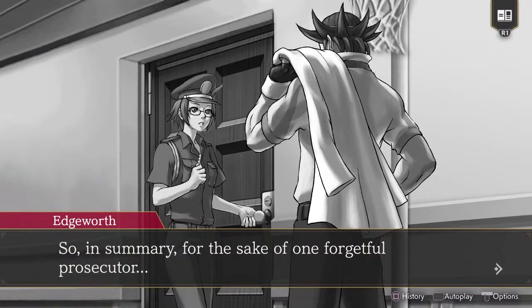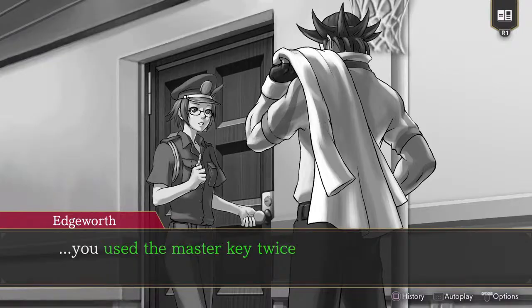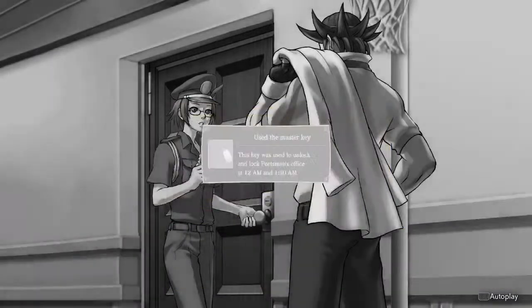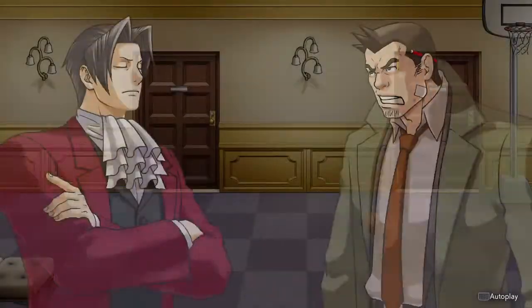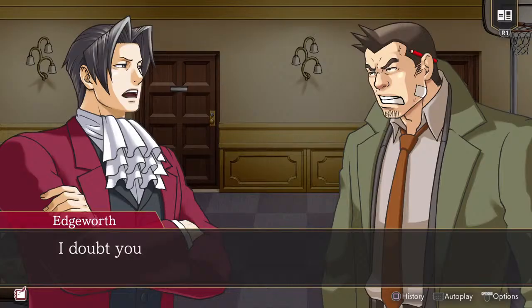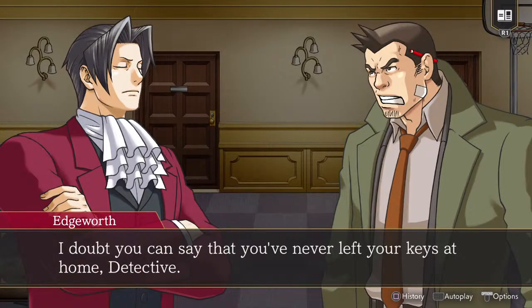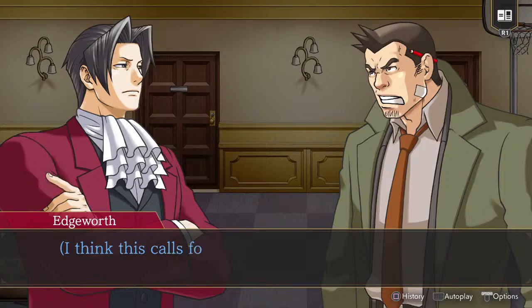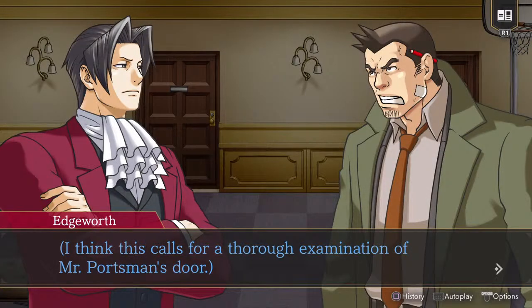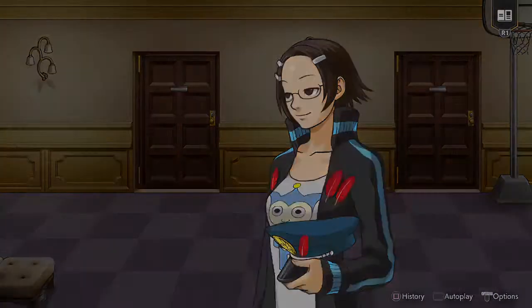In summary, for the sake of a forgetful prosecutor, you used the master key twice tonight. Talk about suspicious. I doubt you can say you never left your key. Detective, it's possible to make a thorough examination of this apartment's door.